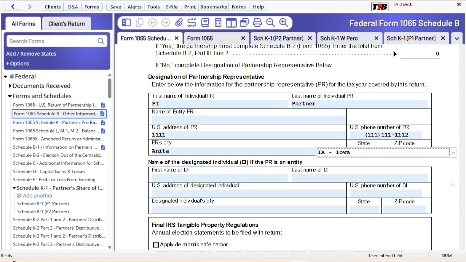Okay, that's what we are going to use in this example. If who is representing your business is an entity, then you'll complete this section. But if it's a person, you'll complete this top section here.